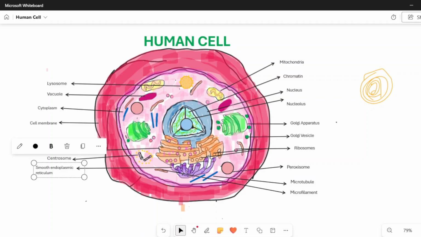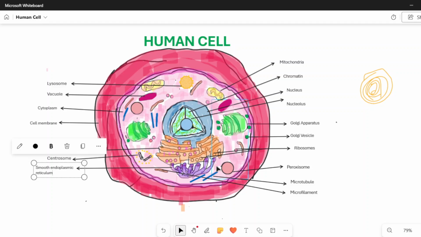As I told you, these lipids are again packed into membranes and form vesicles, and they can be used by the organelles for further purposes.